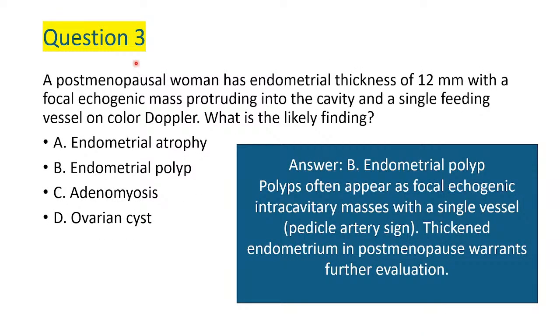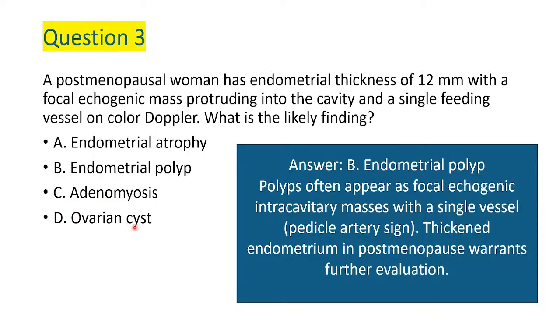Question number 3: a postmenopausal woman has an endometrial thickness of 12 millimeters with a focal echogenic mass protruding into the cavity and a single feeding vessel on color Doppler. What is the likely finding? A. Endometrial atrophy. B. Endometrial polyp. C. Adenomyosis.